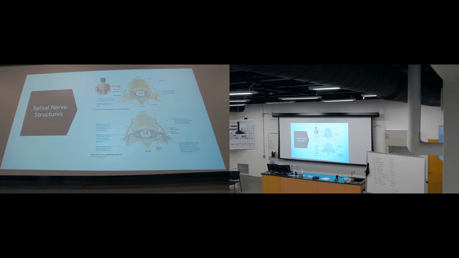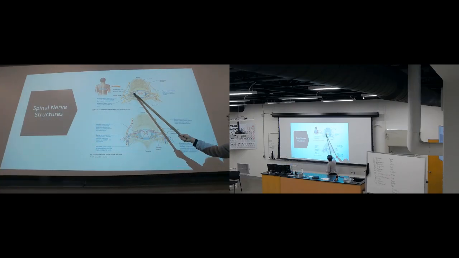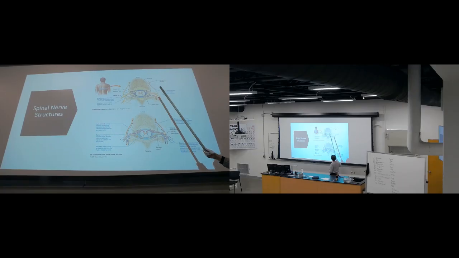So here is the structure of the spinal nerve. This is the anterior root, this is the posterior root, and again here you have this ganglion, which is the body of the neurons that extends these extensions to bring sensory information to the posterior horns of the spinal cord. So this is sensory, this is motor.